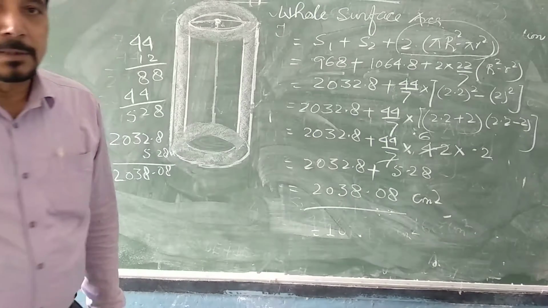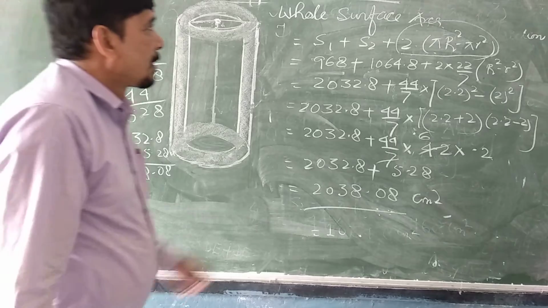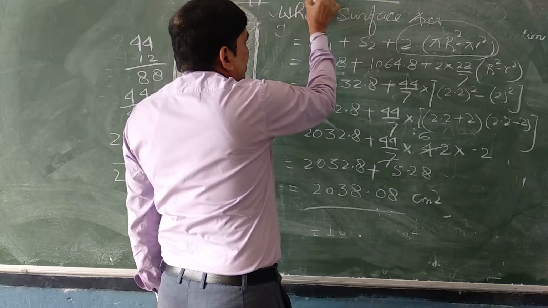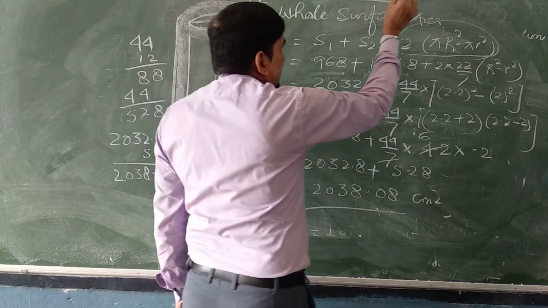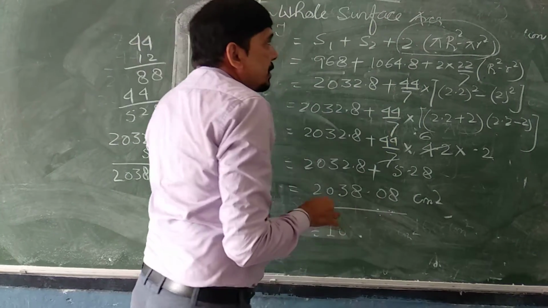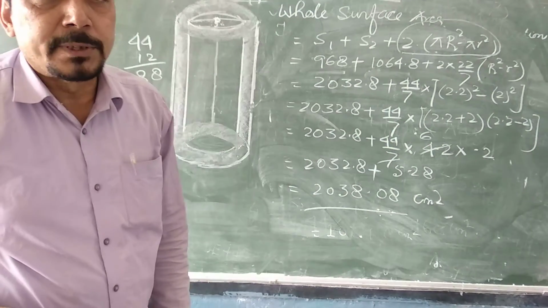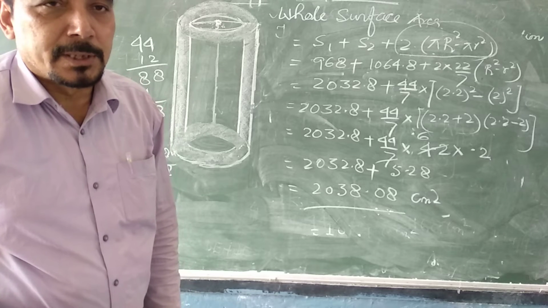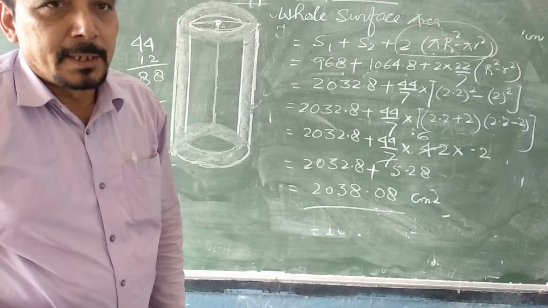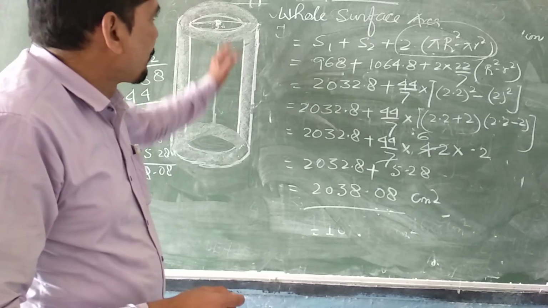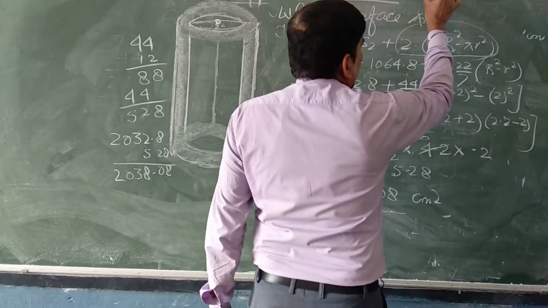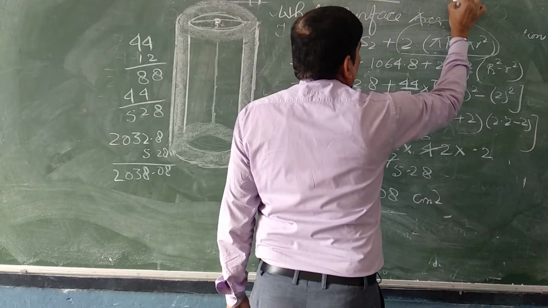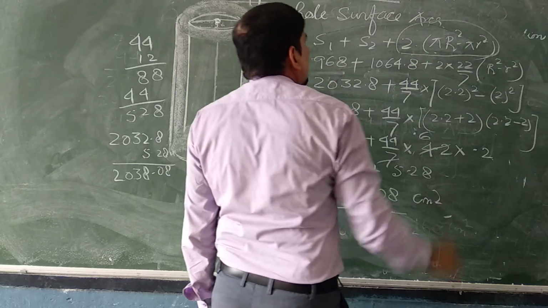And total surface area we know also: 2 pi r h plus area of both circles. There are two congruent circles at the ends of the cylinder, so the area of both circles is equal to 2 pi r square.